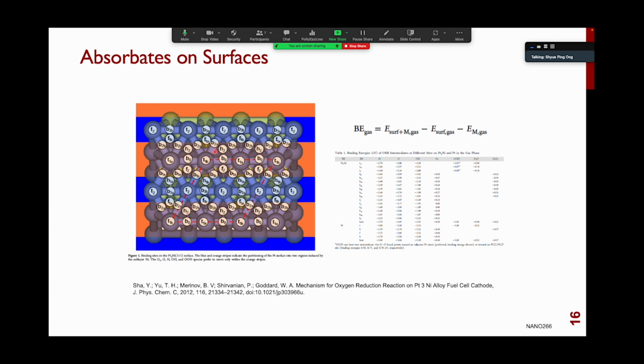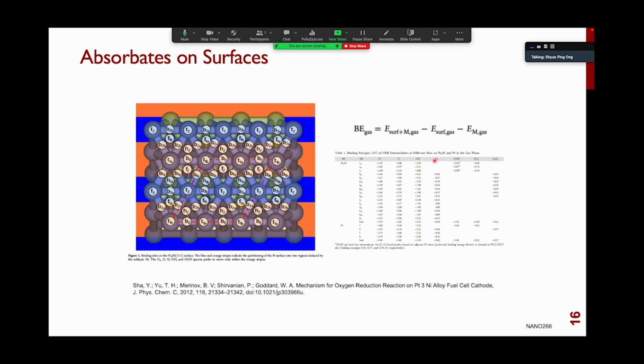So this is actually obtained from the work of Bill Goddard at Caltech, where they basically study the oxygen reduction reaction on this alloy, which is platinum 3 nickel, okay? And they calculated the binding energy of hydrogen, oxygen, the hydroxyl anion, and the O2 gas.